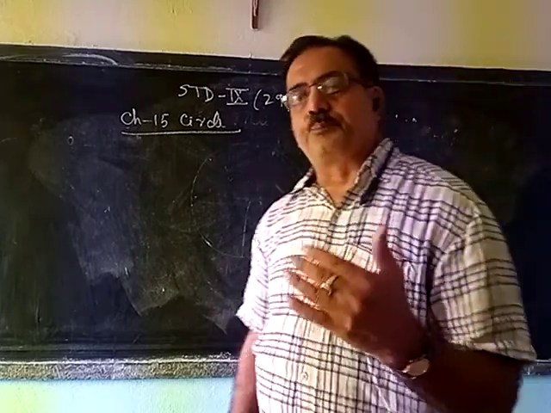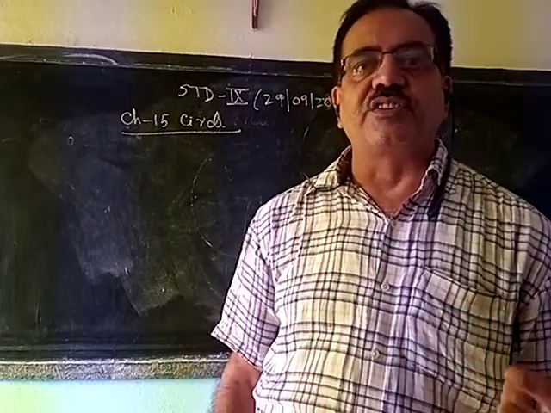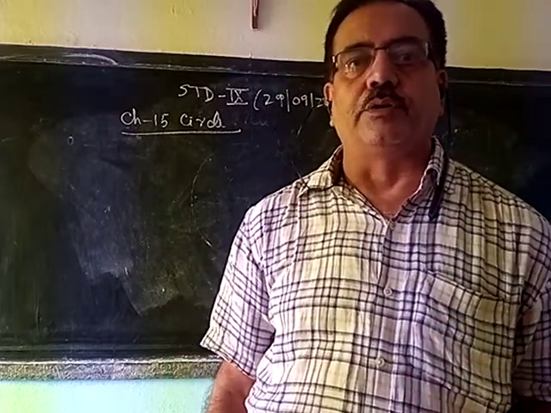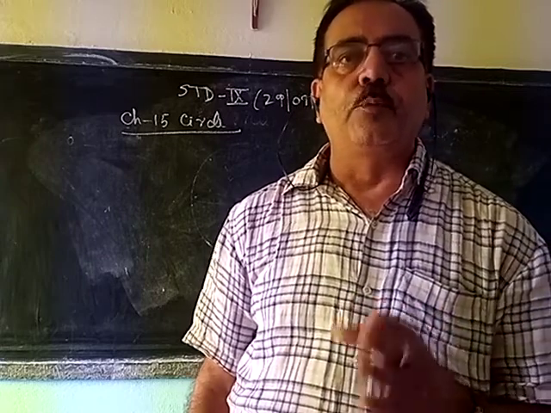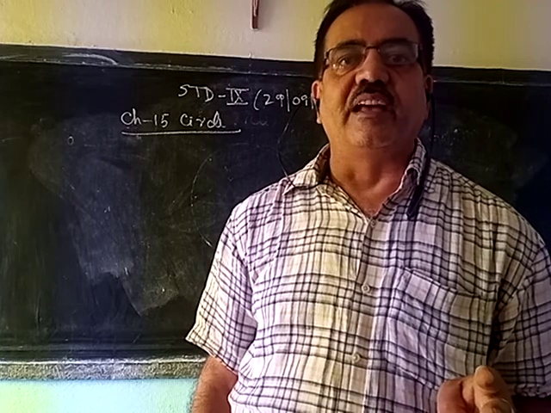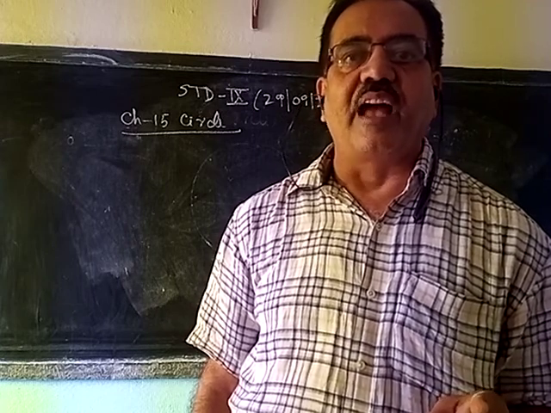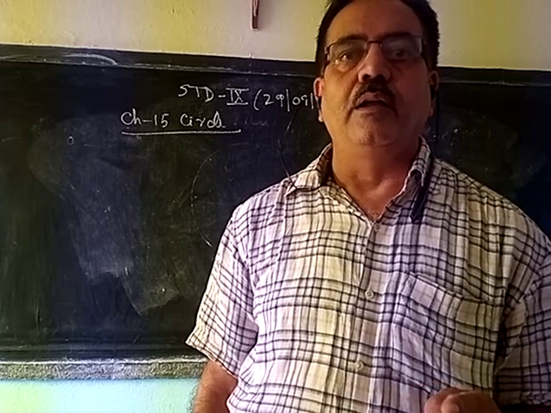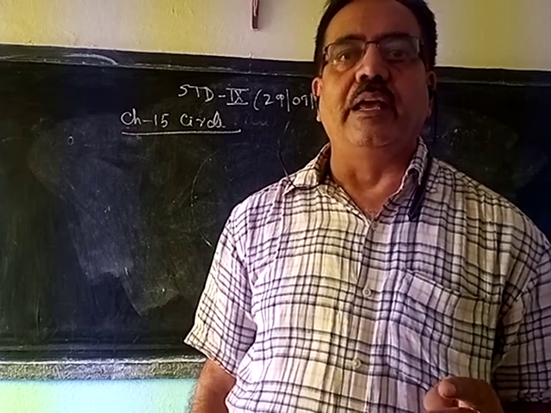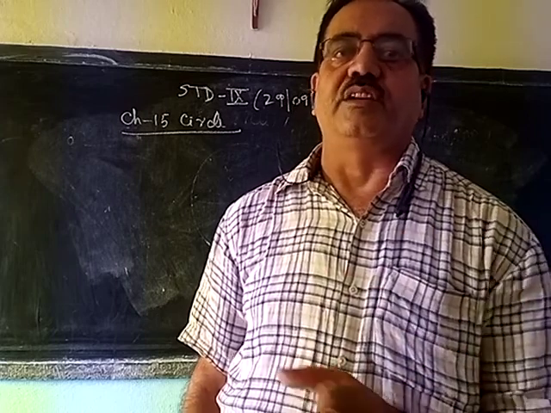For circle, you must know the concept you studied in 7th and 8th, the congruency of triangles. How many ways are there to prove that triangles are congruent? SSS, side angle side, angle side angle, AAS, angle angle side, and fifth one RHS.